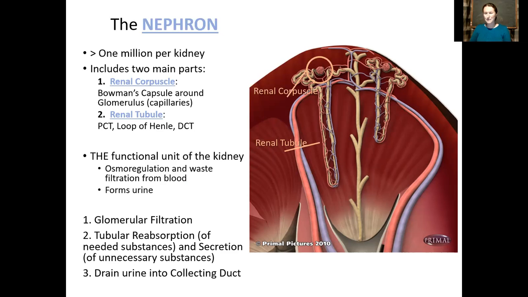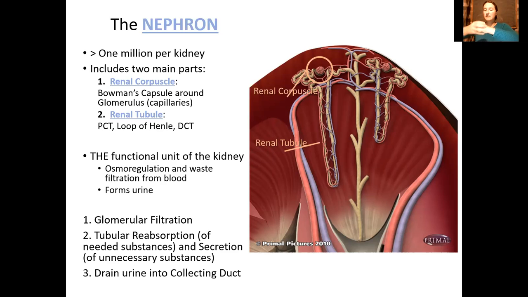So what is this thing in the first place? Well, the glomerulus, I'm going to keep representing by a fist, right? It's literally a knot of capillaries. So here is the glomerulus, and Bowman's capsule is the beginning of the nephron, right? And it actually wraps around the glomerulus.